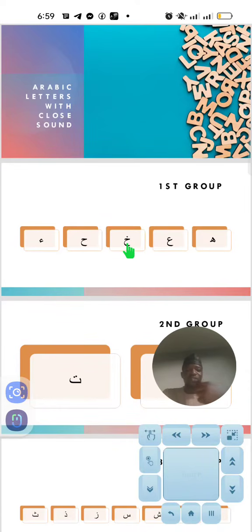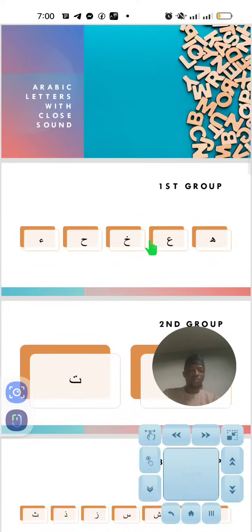Can you see it's from the throat? We have Kho dhamma, Khu. So it's not Kho fatha A, Kho kasra I, Kho dhamma U. No. Rather, Kho fatha Kho, Kho dhamma Khu, Kho kasra Khi. So it is from the throat.